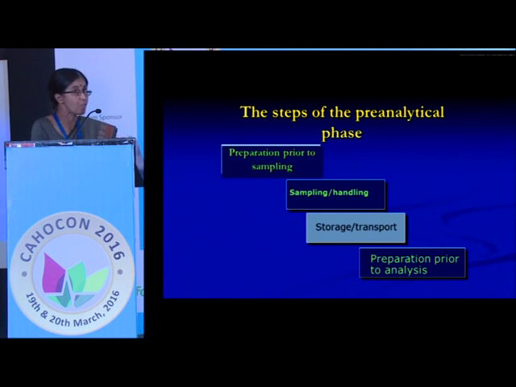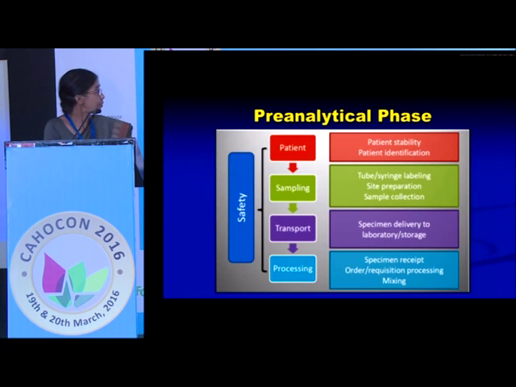It starts with preparation before collecting the sample, the actual sample collection and handling, sample transport, and also processing prior to testing. In this entire process, we need to put certain safety procedures and precautions in place, and give instructions to the patients as to how to collect the sample, what kind of containers to use, what to do before, how to handle the sample, and so on.